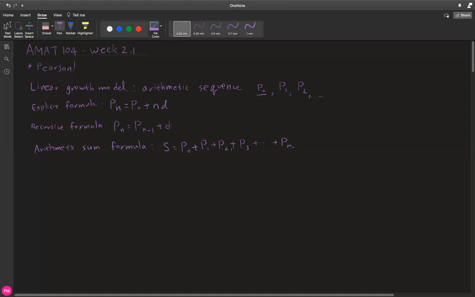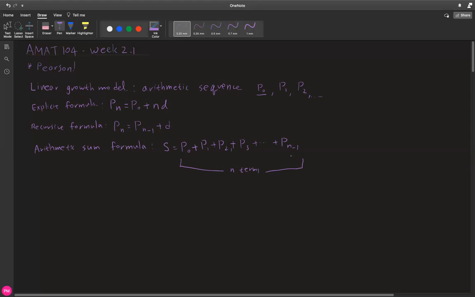Sorry, it's n minus 1, and that's because this is now n terms. So n minus 1 gives n terms because we're starting from 0, not from 1. If you count from 0, 1, 2, 3, you have n terms when you go up to n minus 1.